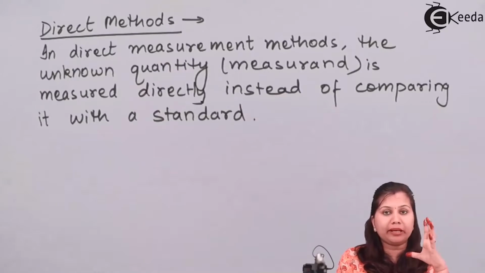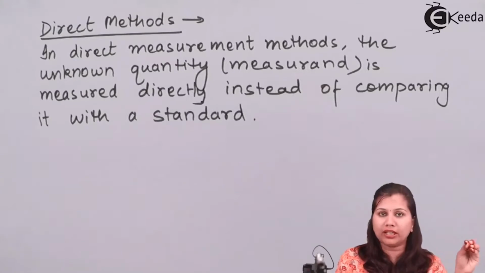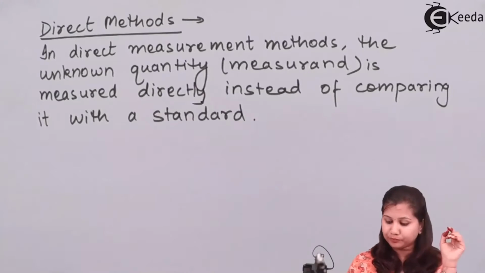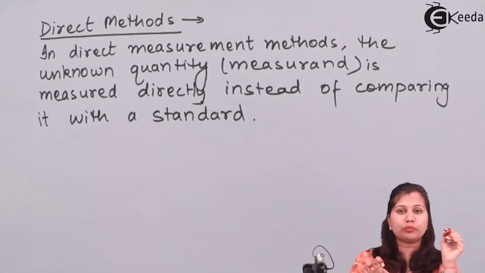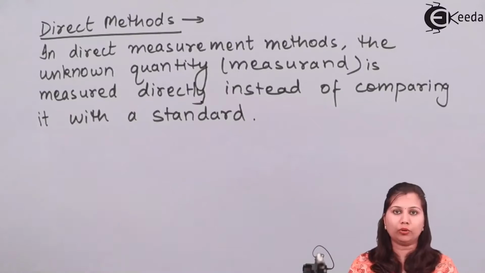So we are directly measuring the unknown quantity by using the measuring instrument, and the measuring instrument will directly give us the reading of the measurand. Like the ammeter, it will directly indicate the value of the current flowing in the circuit. The voltmeter will directly give us the value of the voltage across the conductor. So the measuring instrument is directly giving us the readings of the unknown quantity.